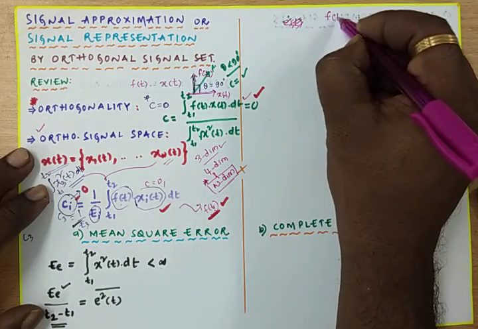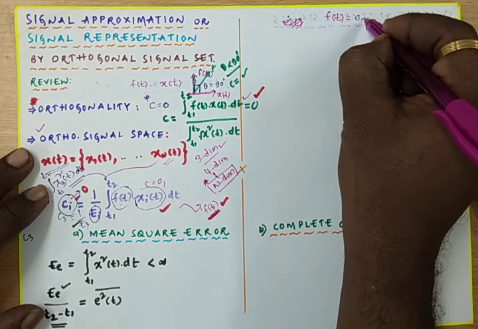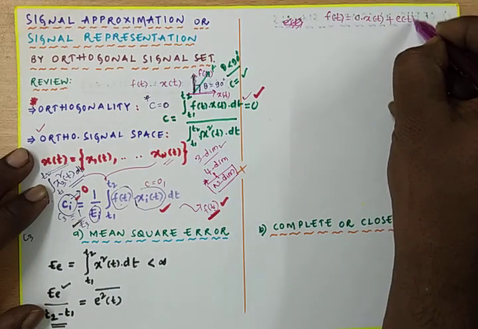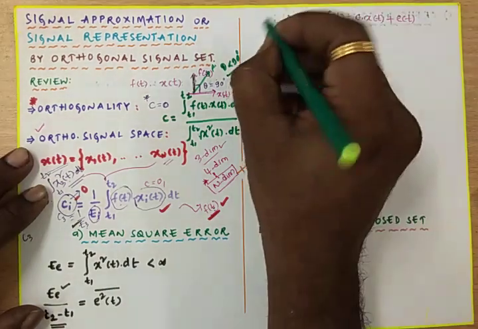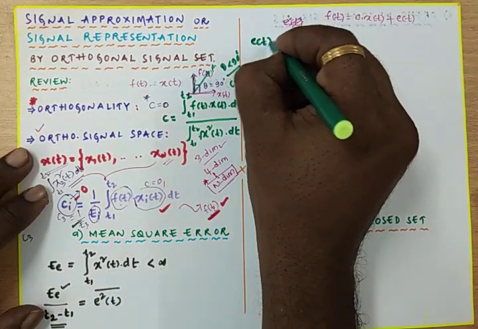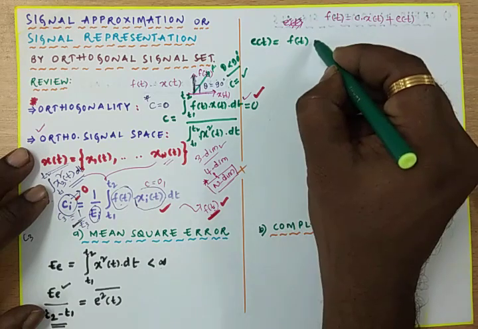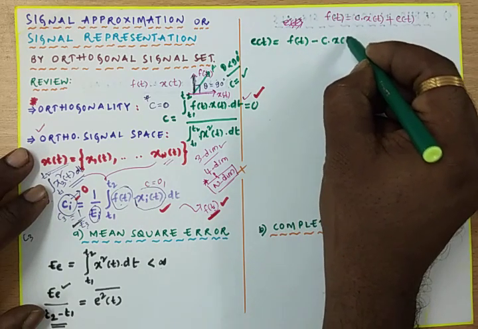f of t is equals to c into x of t plus e of t. From this we can write e of t is equals to f of t minus c into x of t.